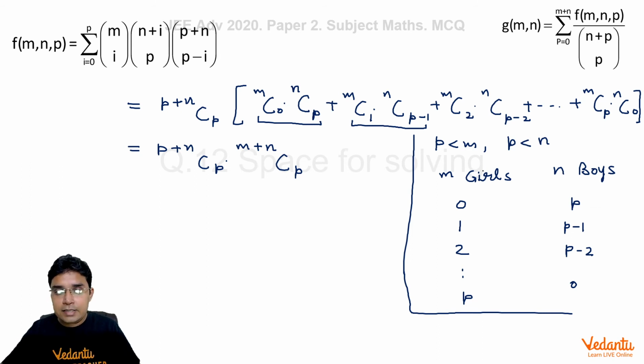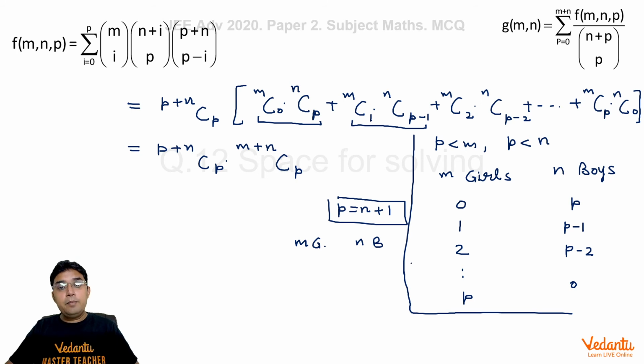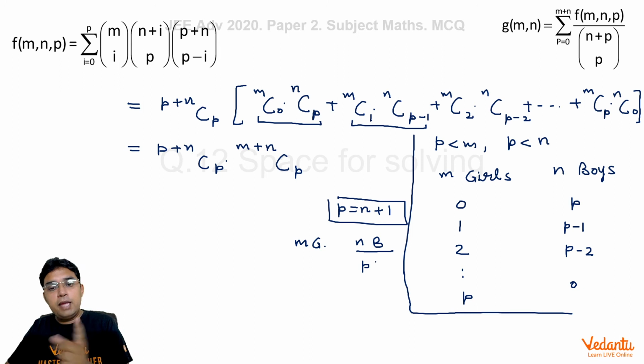Now let us understand, if my p is greater than n, suppose my p is greater than n, and a special case I am taking p equal to n plus 1. In this case, you will not be able to select p persons if you select p boys here, because if p is n plus 1, we cannot select n plus 1 boys from n boys.